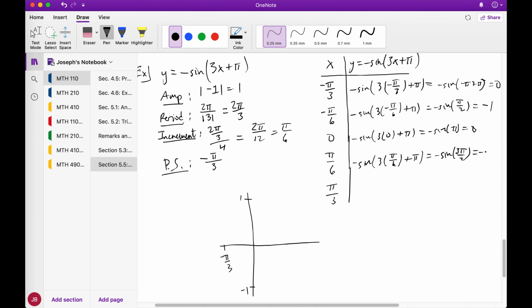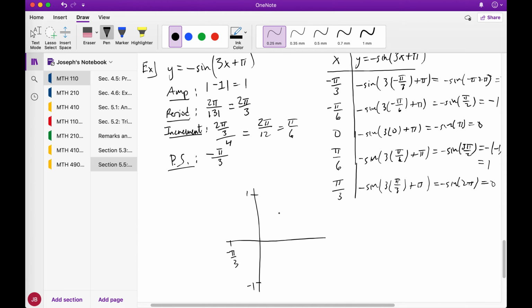For this one here, I get negative sine 3 pi over 2, so negative negative 1, which is just 1. And then here I get minus sine 3, plug in pi over 3. This is pi plus pi is 2 pi. And sine of 2 pi is, of course, 0. The negative doesn't change that.